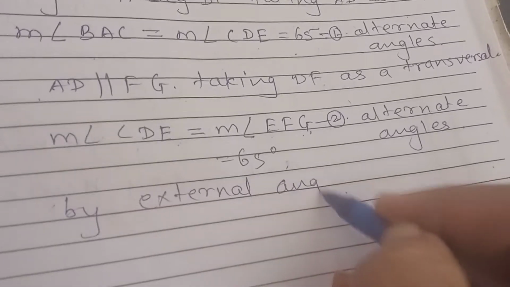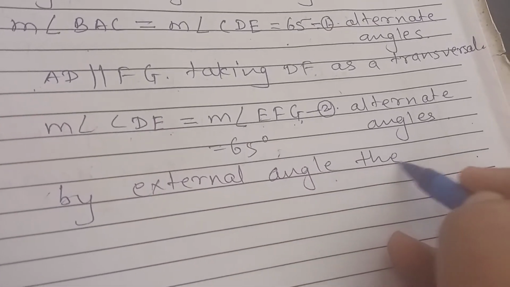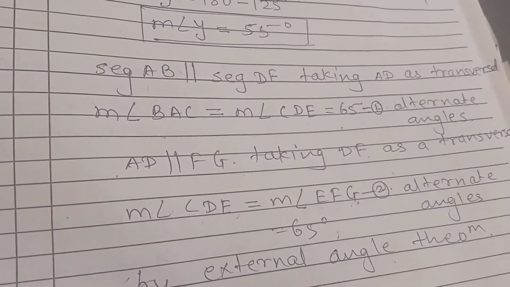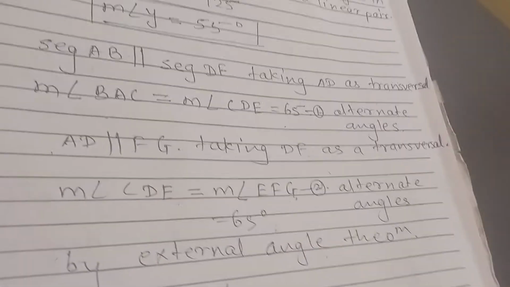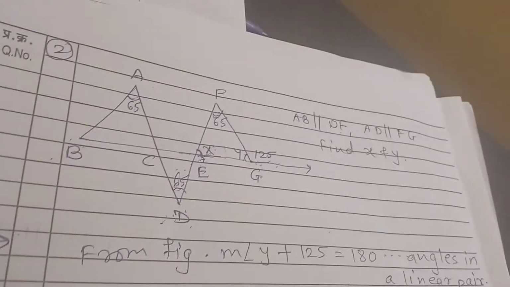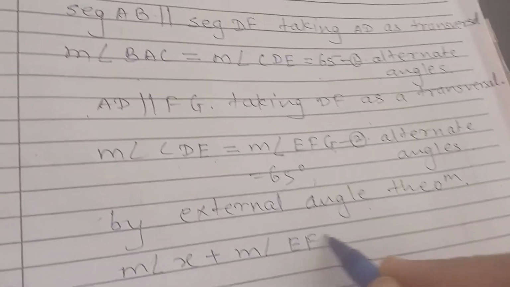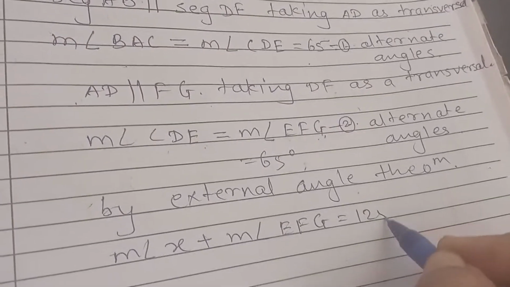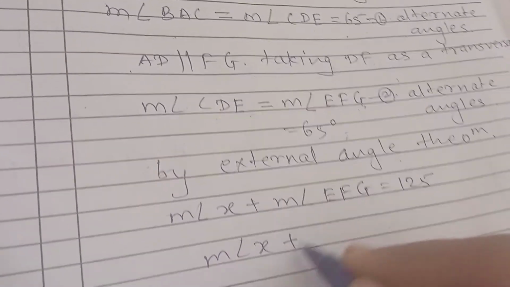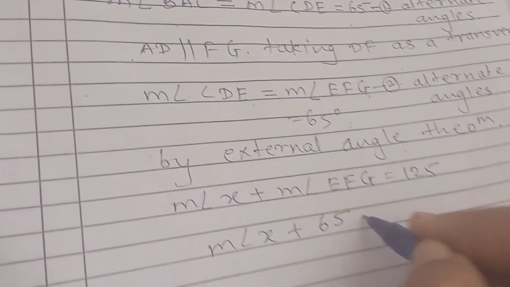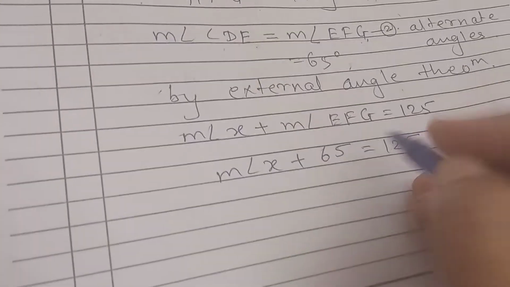Measure of angle x plus measure of angle EFG, which is 65, is equal to 125.